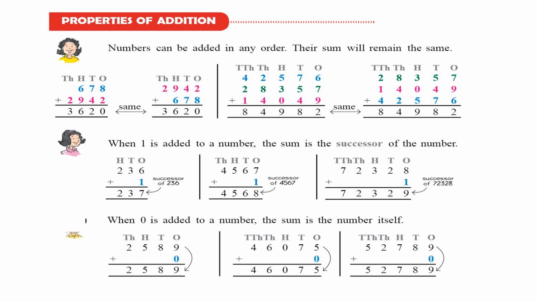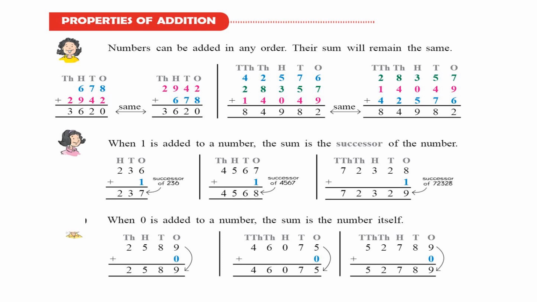Here, the first property of addition is that numbers can be added in any order. That means you can add the numbers from top to bottom or from bottom to top. This we discussed in the previous session also, right? The answer will not change. The sum will remain the same.